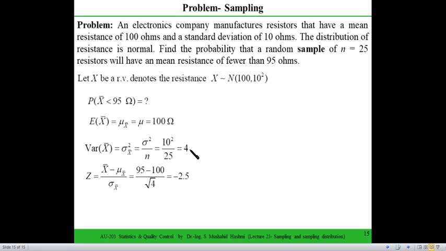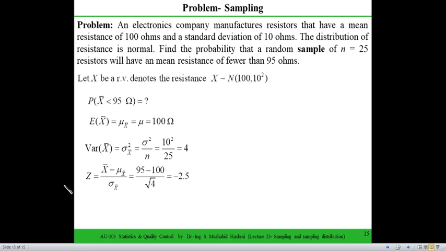We can assume that each sample mean, according to the reproductive property of the normal distribution, would also be normally distributed. So X bar could take any value, and here X bar is 95. The mean of the sample mean would be 100, and the standard deviation of the sample mean would be the square root of 4.